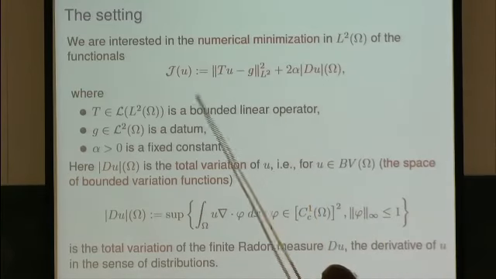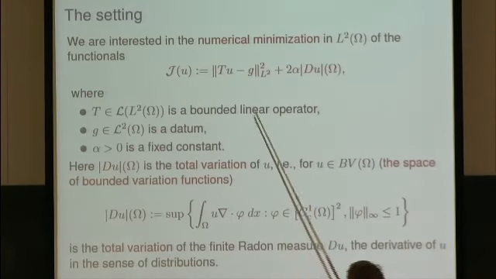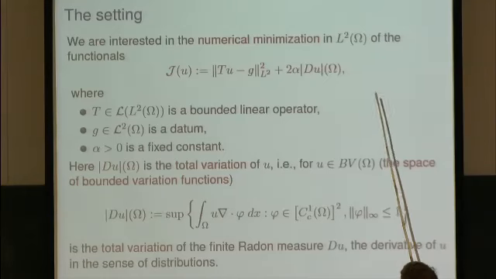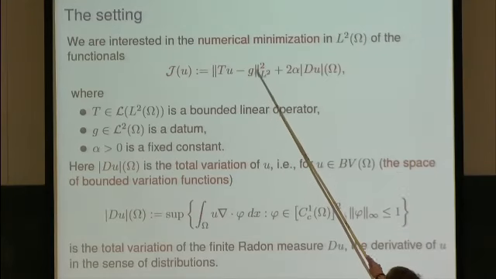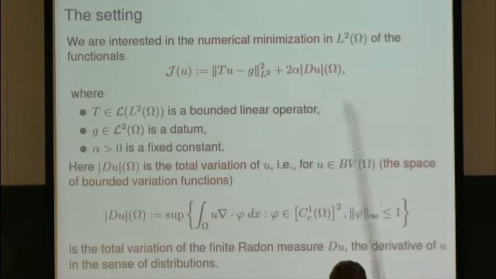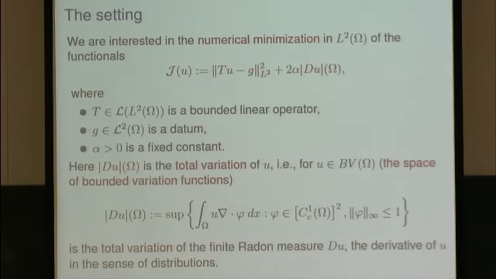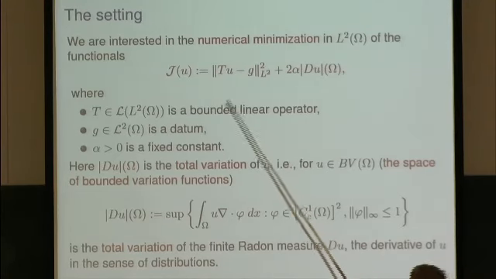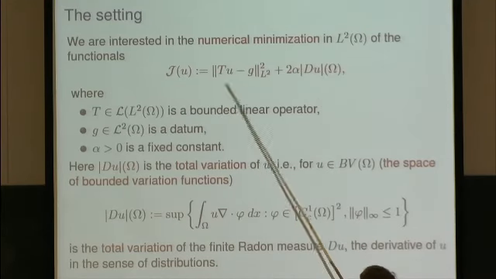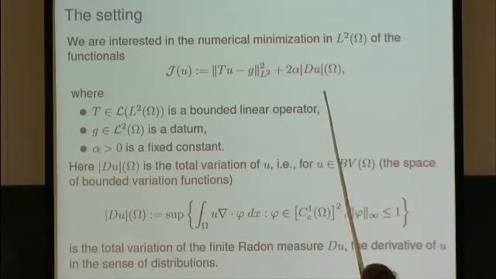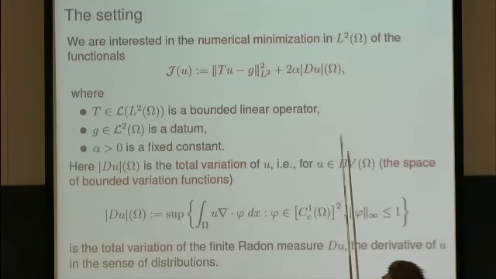We have a functional J. We are given a datum g, which is what I've written here. g is the original image u after it was distorted by some linear process T plus some noise. And I want to recover u as a minimizer of this guy here, where I've now replaced the L1 norm of the gradient of u by this.